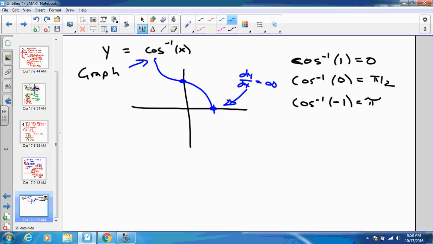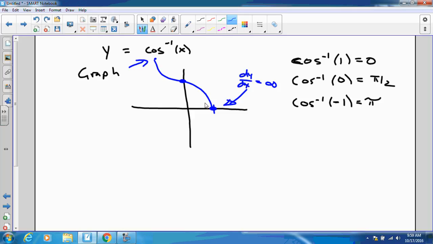We could, with a second derivative test. But I just appealed to a different idea, which is that since the graph of cosine has horizontal tangents at 0 and pi, therefore the graph of its inverse must have vertical tangents. And so I drew the graph coming vertically up that way. And that forced the direction of the curve. To go the other way, I would have had to come out horizontally. Does that help?